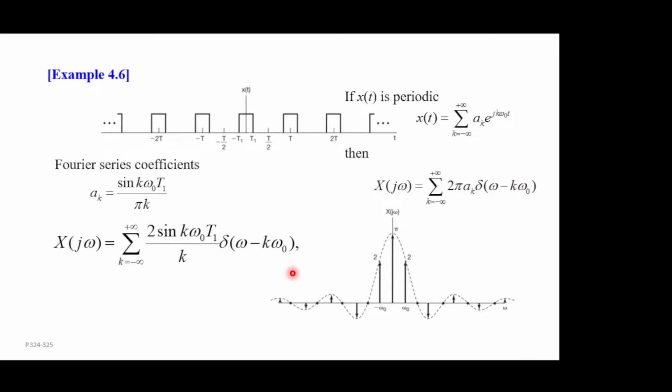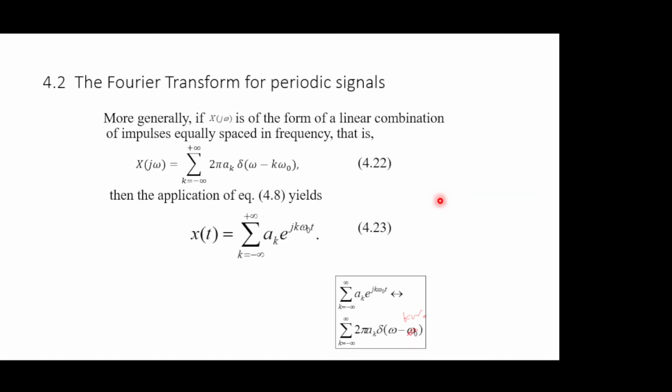So for every k, the height is 2 pi a_k. Okay. So we can also write the Fourier transform of periodic functions, and I guess we can think a little about this.